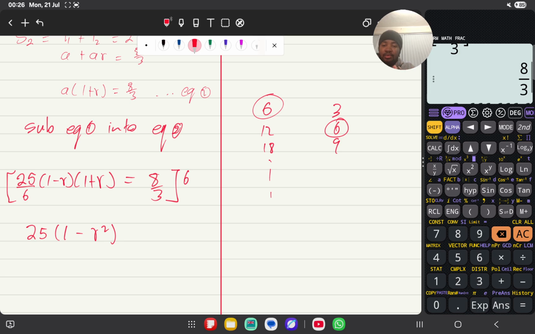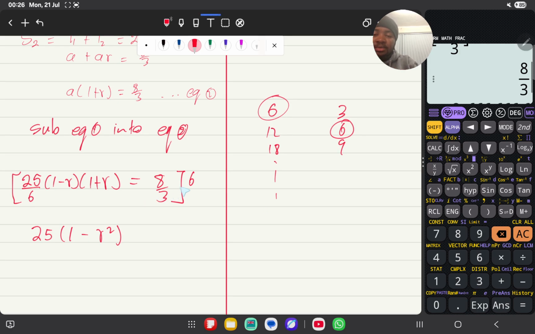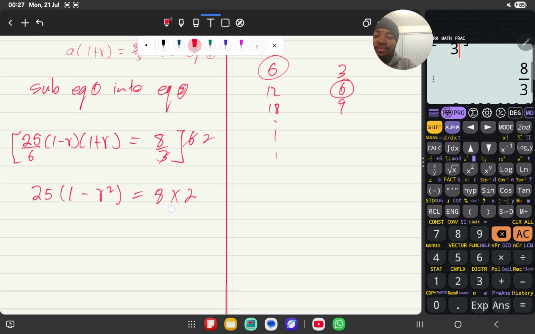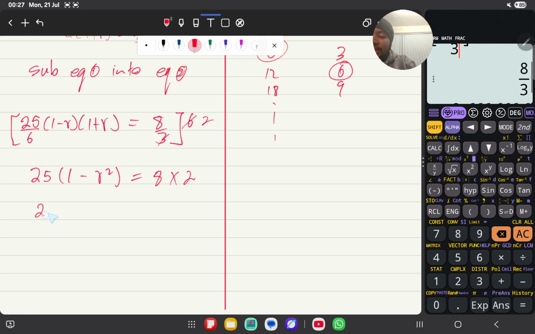Now the 6, this side is going to be, we have our 8. So here when 6 multiplied by 1 over 3, the 3 is going to be gone, and then here you will just have 2, so we can say multiply by 2. Right, so that means you have 25 minus 25 r squared equals to 16.